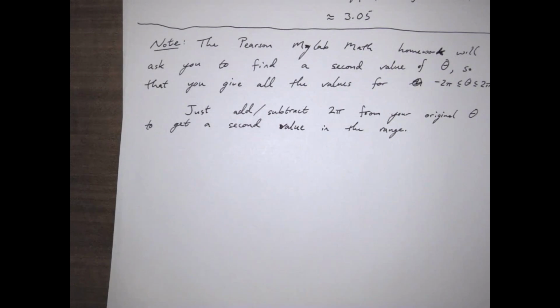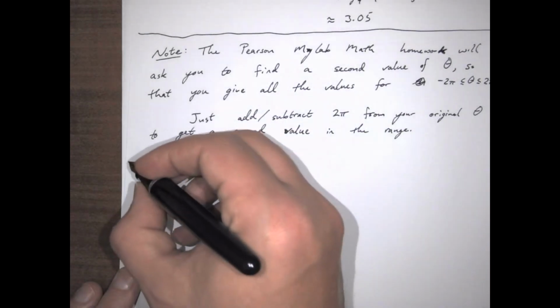So if by default you've been making your thetas positive, you would want to subtract 2 pi to get the negative version. And if by default you've been giving some negative values of theta, then you would want to add 2 pi to get the correct one. All right.